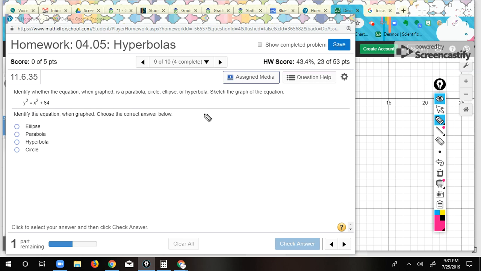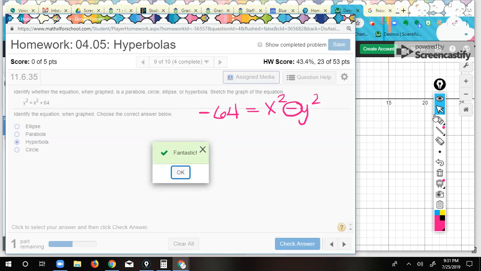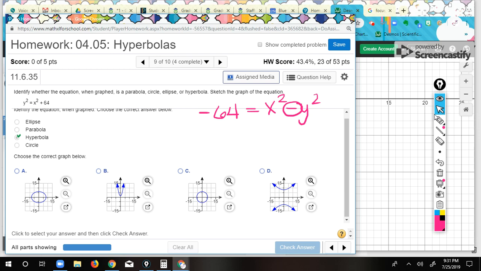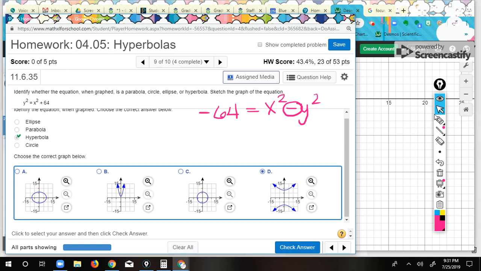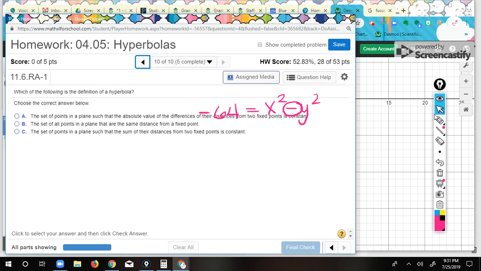We could subtract 64 and then subtract y, so it goes to the other side. So it's going to have a minus in the middle. Because of that, it's a hyperbola. But you could just graph it in Desmos, and the only one that's a hyperbola is D. So for this one, Desmos is kind of your friend here.